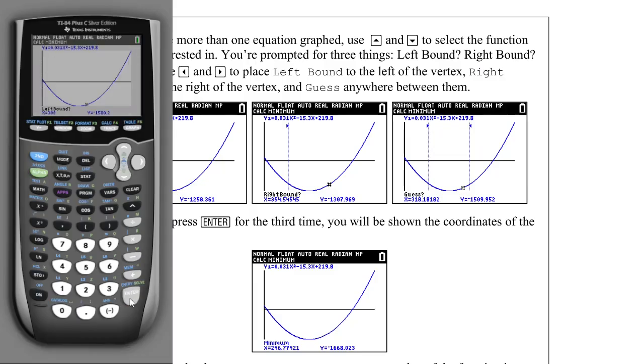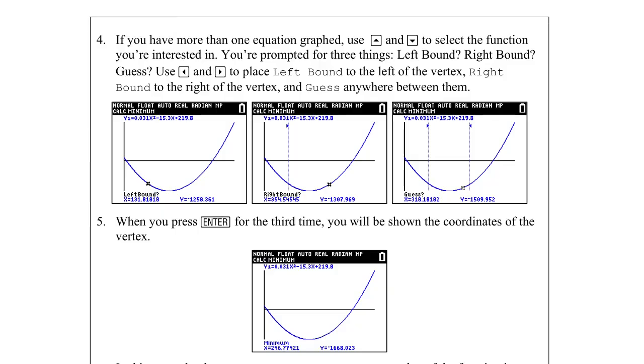And just like intersect, this is going to prompt us to enter a bunch of things. I want to point out some things on the screenshots before we do this. Notice that it says calc minimum at the top here. So that tells us that we're in the minimum command. Now with intersect, we could kind of take the defaults for the first two. Minimum is a little bit trickier that way.